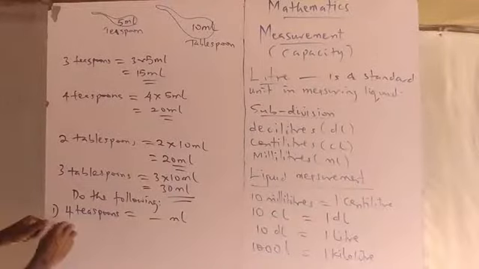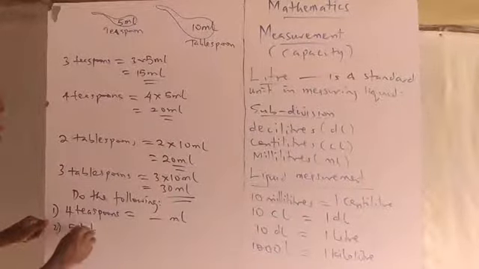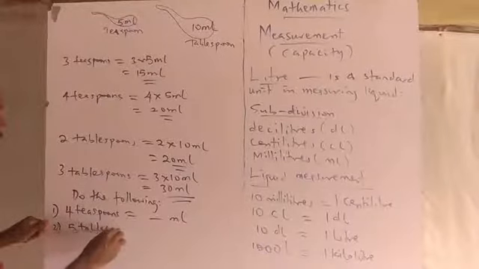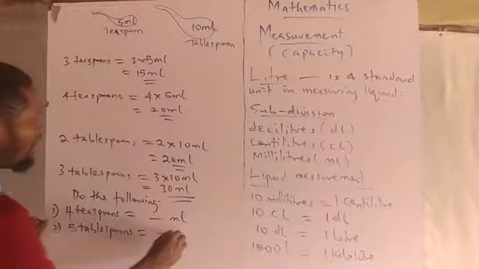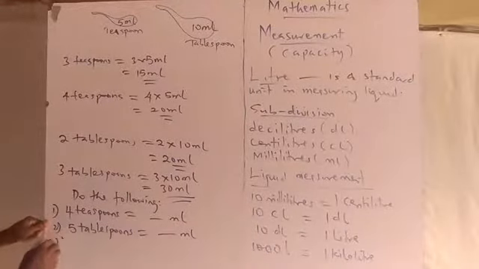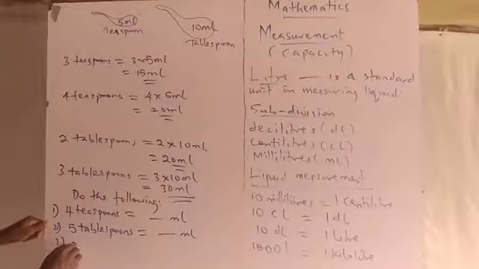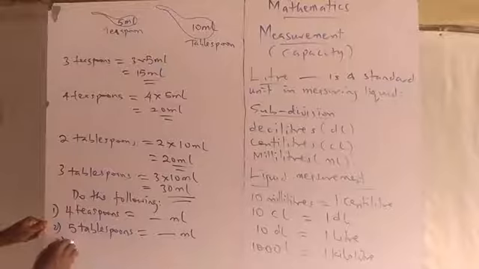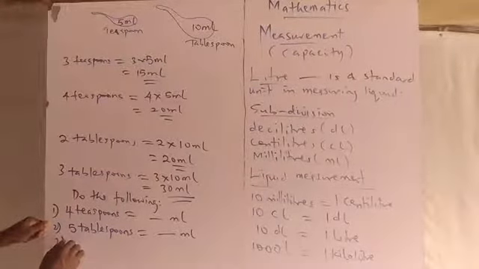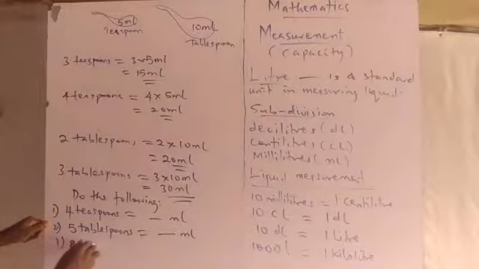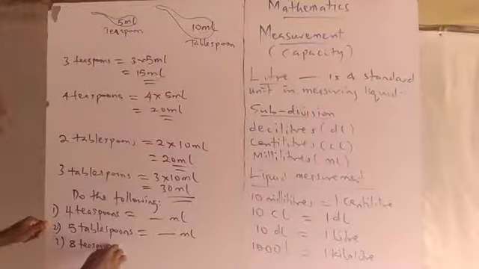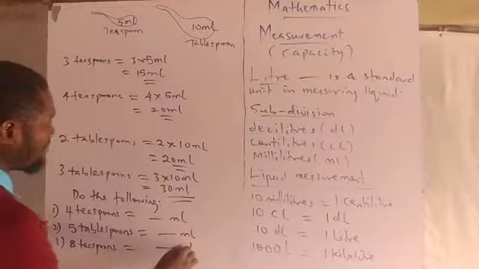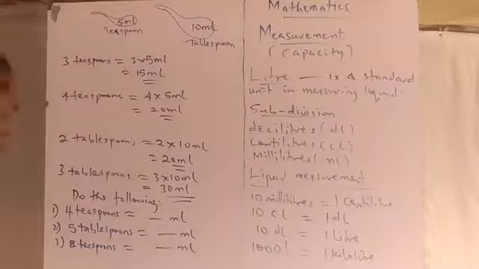Number 2, 5 tablespoons. Put the milliliters for me. Number 3, 8 teaspoons. Put the answer you're going to have.